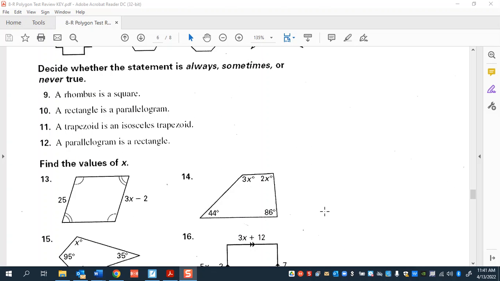You okay with me reading it forwards and backwards? Okay, a trapezoid is sometimes isosceles. An isosceles trapezoid is always a trapezoid. So this is a special kind of that. This is a special kind of that. This is a special kind of that. A parallelogram is a rectangle sometimes, but a rectangle is always a parallelogram.